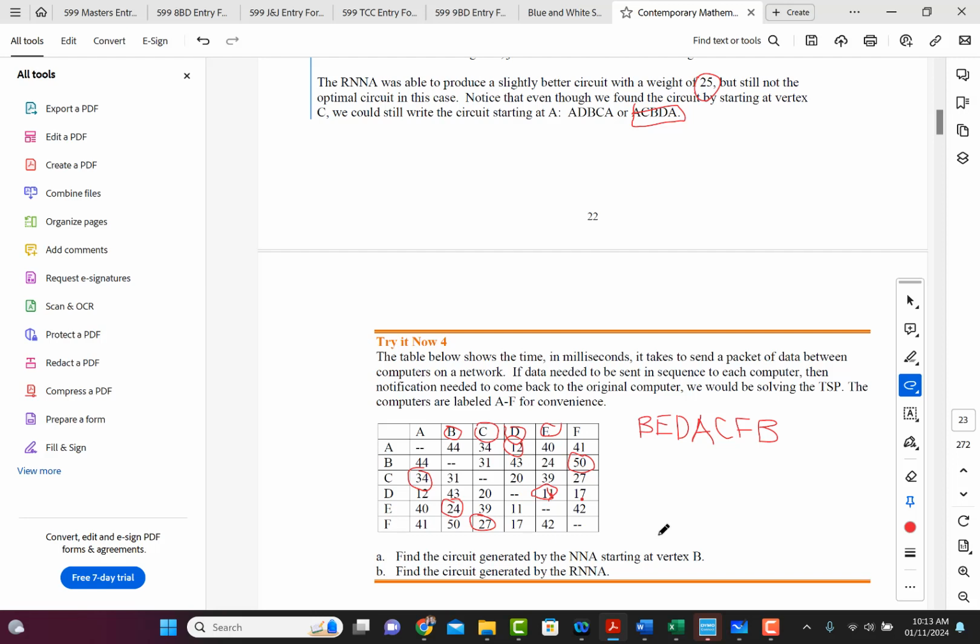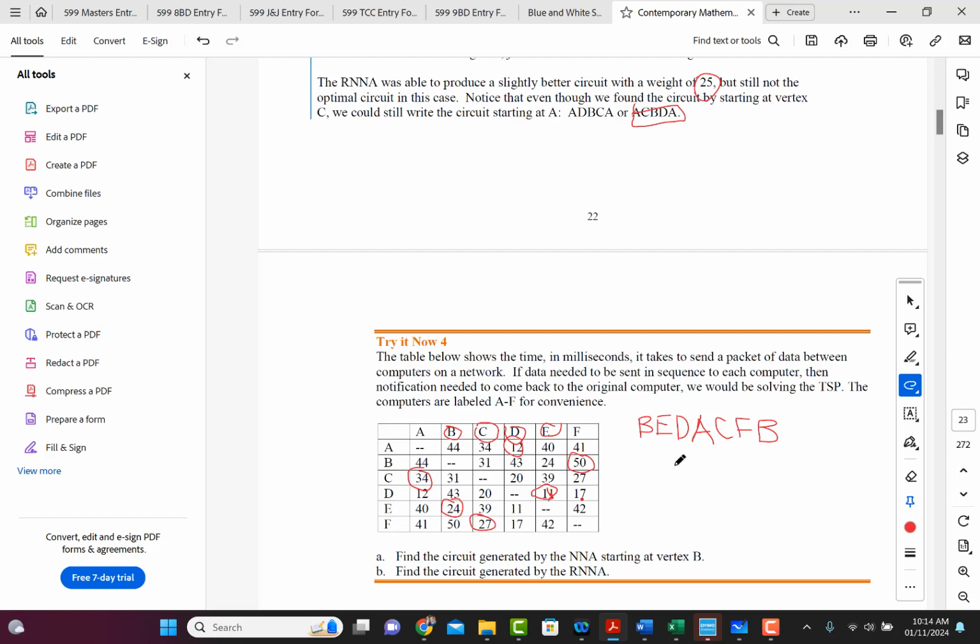Right, so 34 and 24 is 58. 58 and 27 is 65. 65 and 12 is 77. And then 88 and then 138. All right, so this will equal 138 milliseconds.